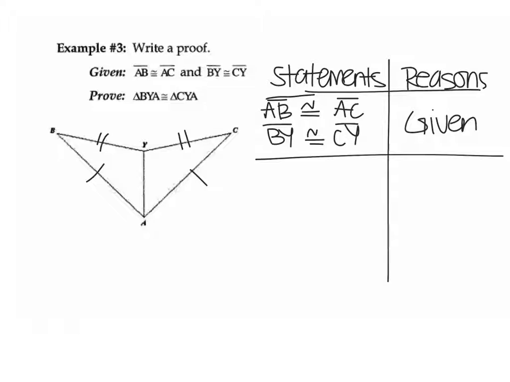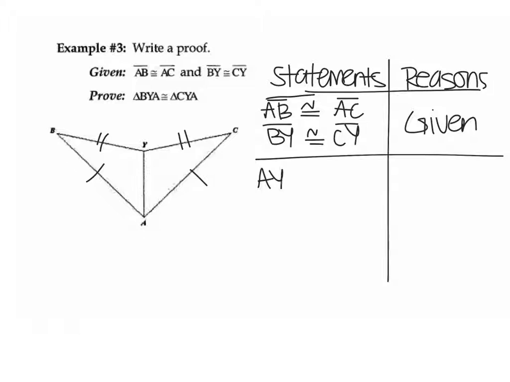Now, I'm not given any information about any of the angles of our two triangles, so I can't use any proof that involves any congruence statement that involves angles, which just leaves us with side, side, side. So I have to be able to say that AY is congruent to AY. Well, considering it's a shared side in both triangles, the reflexive property says that a side is congruent to itself.